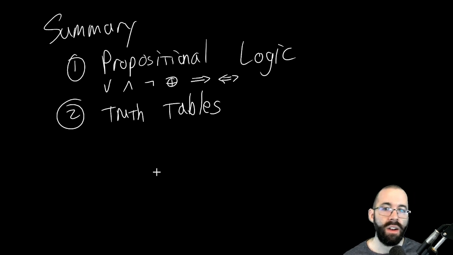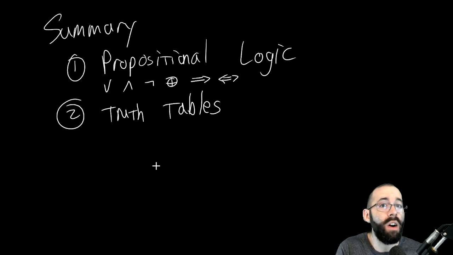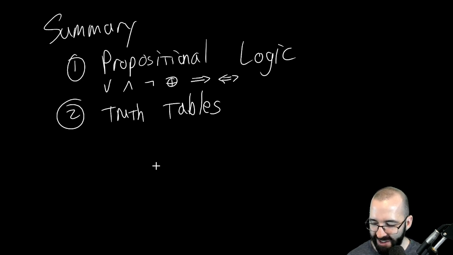If we don't know what the truth values of our propositions are going to be, and we have some kind of compound proposition, we can use truth tables to identify when it might be true and when it might be false. If it was true all the time, we said it's a tautology. If it's true none of the time, it's a contradiction, but we didn't really introduce that word. We'll talk more about contradictions in our proof chapter, which is coming up next, and that's pretty exciting.